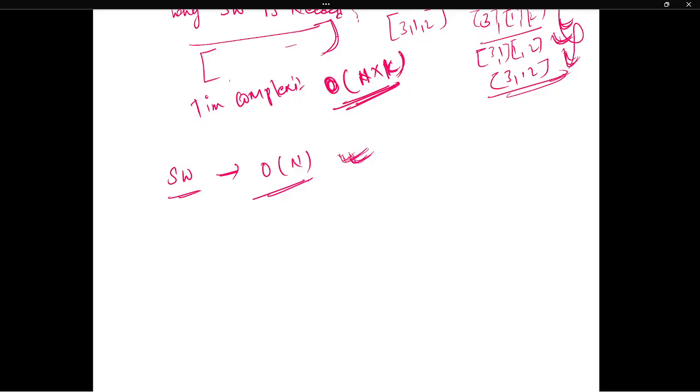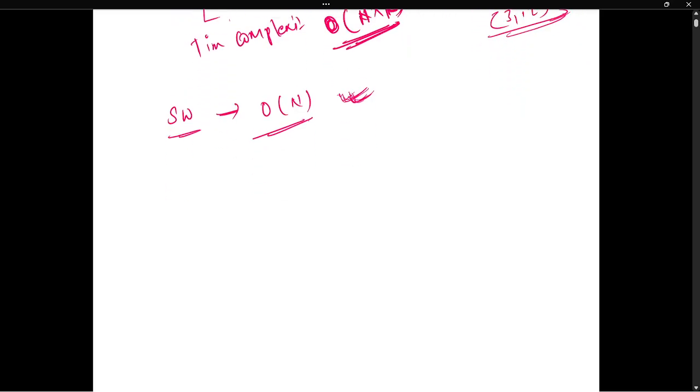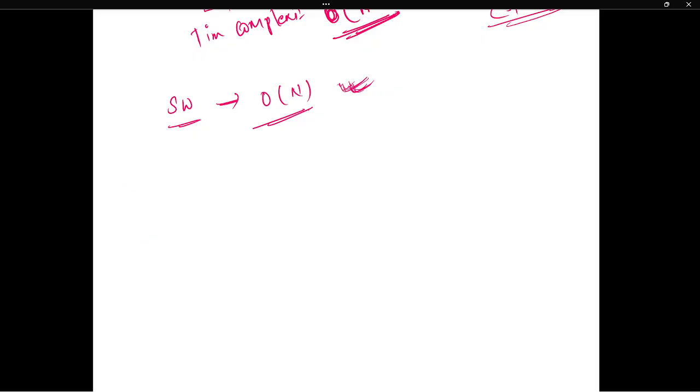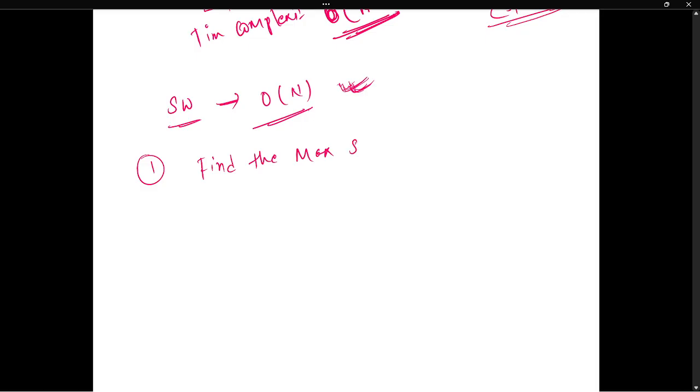In sliding window, a classical example is to find the maximum sum of a subarray of size k.